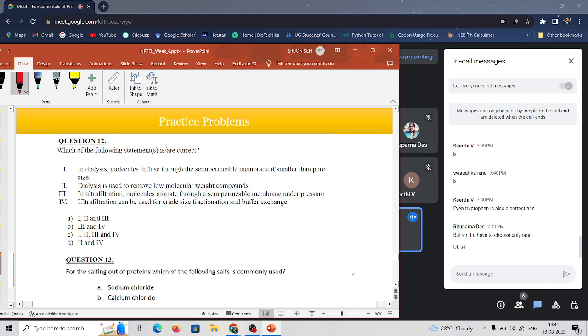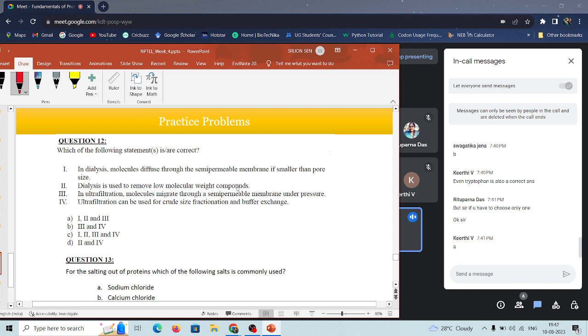Okay. So what is the answer for question number 12? Which of the following statements is or are correct? In dialysis, molecules diffuse through the semi-permeable membrane. That is correct.